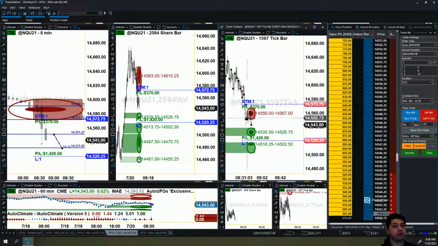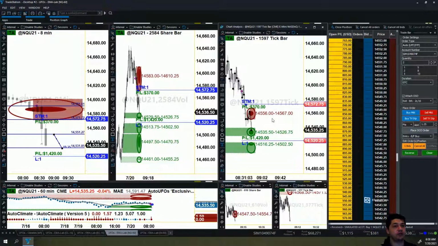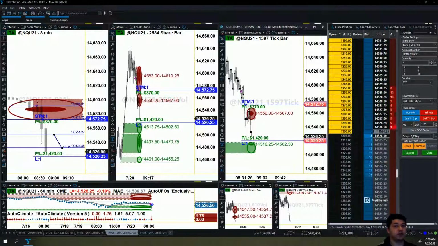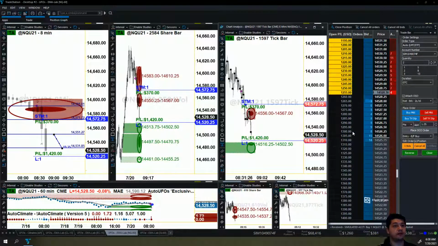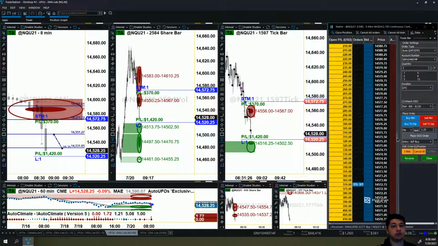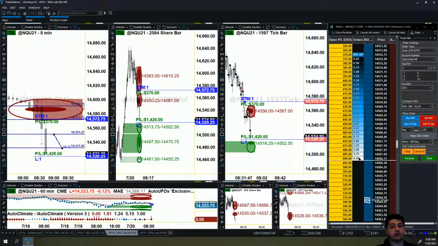Actually, here we go. We have another UFO that's going to allow us to move our stop to this 567, so 560. We're going to go ahead and move it to 567.25. All right, 567.25 is our new stop. All right, we might actually get T2 by the time I get through this bar of gold. 567.25.